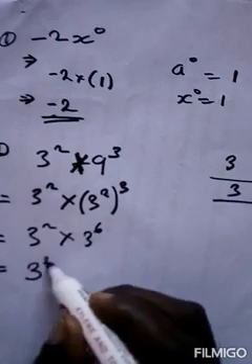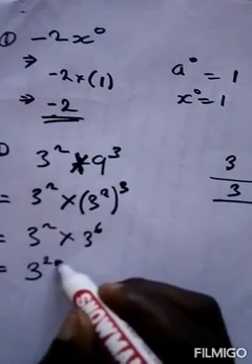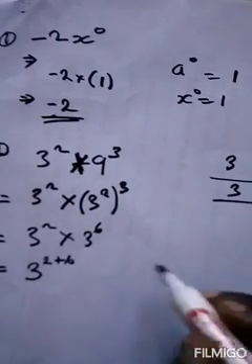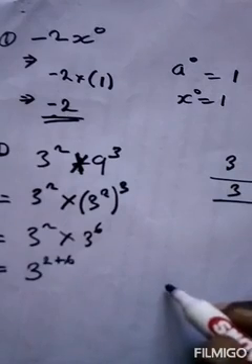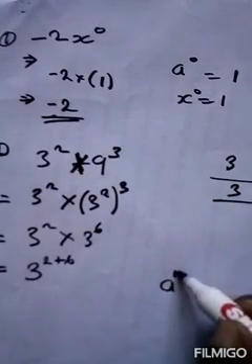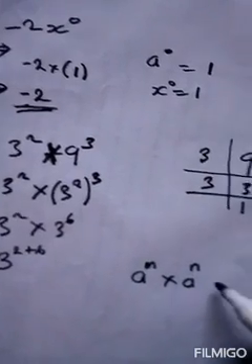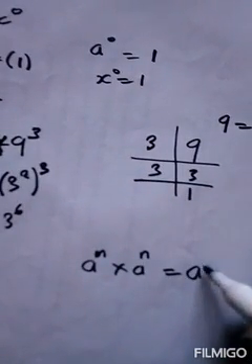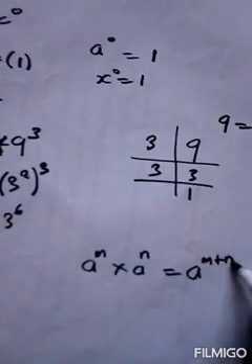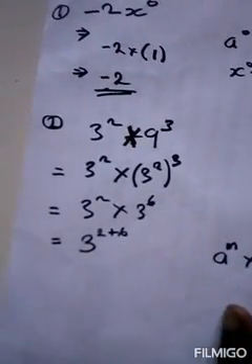So that would be 2 plus 6. Remember, we are using this rule of indices saying if you have a to power m times a to power n, you simply say a to power m plus n. That's the rule we are using here.